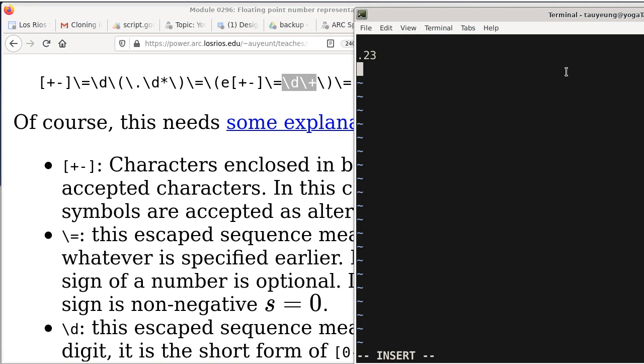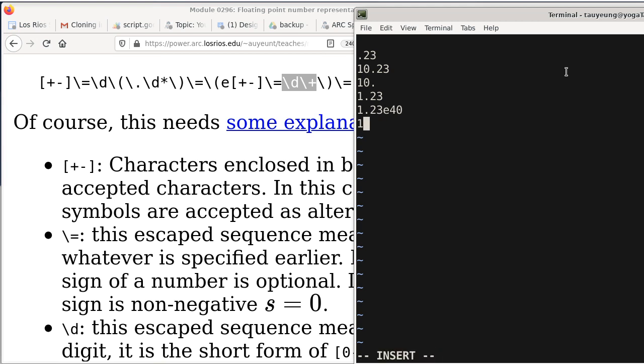We'll have 110.23. We'll have 10 point. We'll have 1.23. We'll have 1.23E40. Let me turn off spell check.